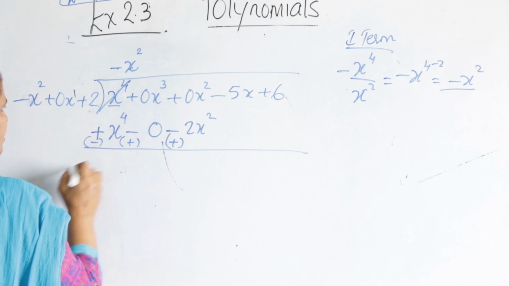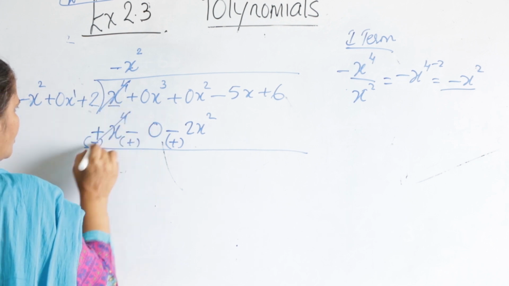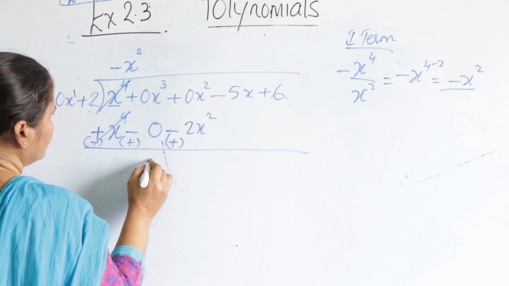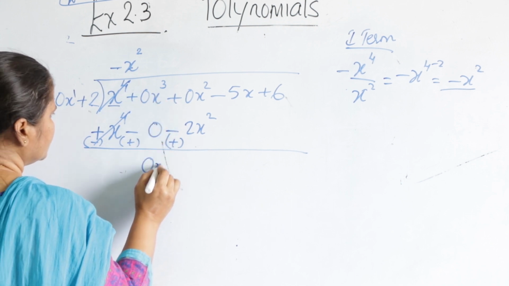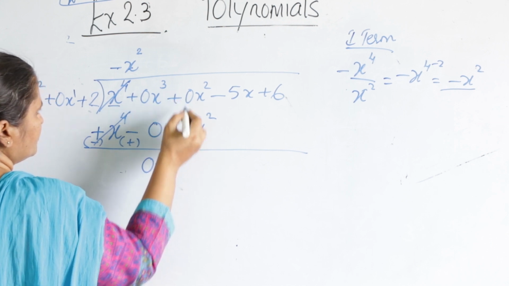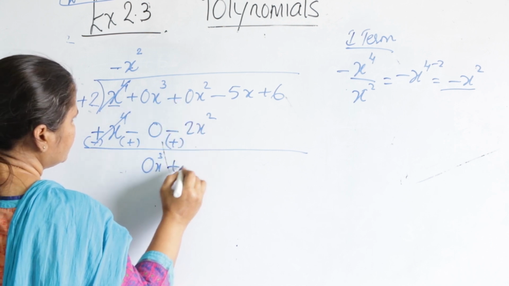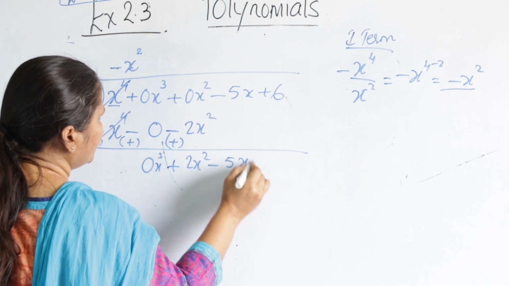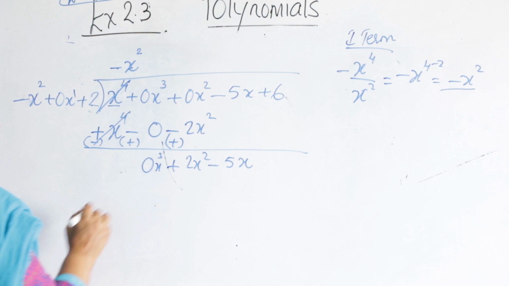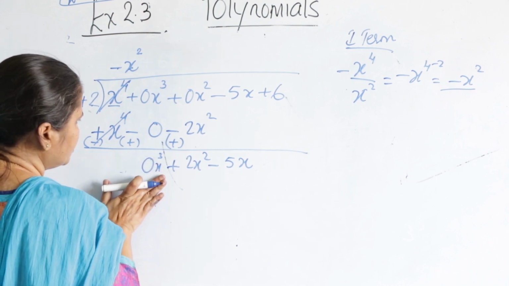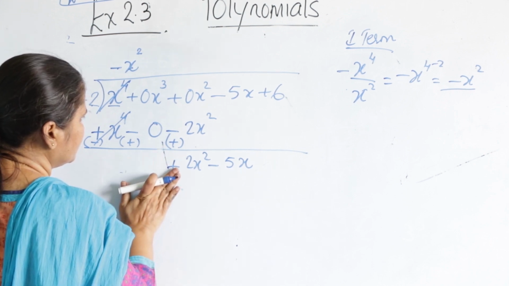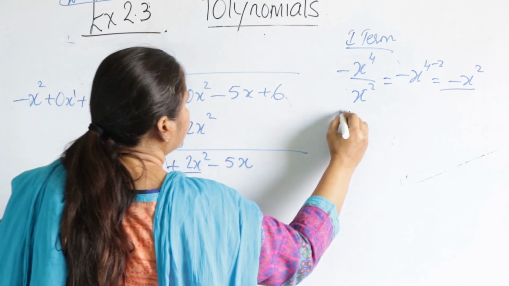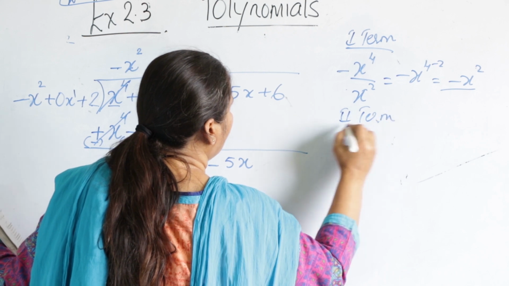Yes. Now this is minus, this is plus, this is again plus. So minus x raised to 4 plus x raised to 4 minus x raised to 4 get cancelled. Here it is 0. This is 0. 0x cube. This is plus 2x square. Then bring down minus 5x. Now since this is 0, let us not take this term. Now let us take this to find the second term of our Q of x.